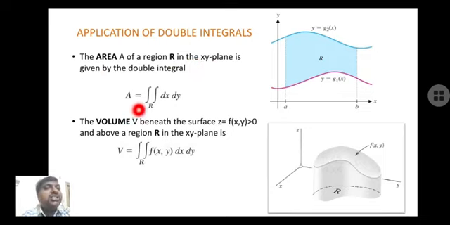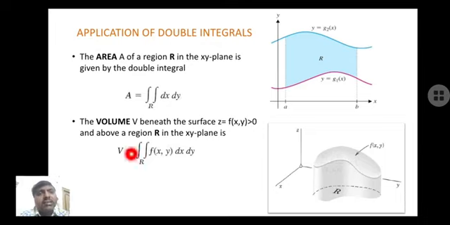Area A is equal to the double integration over R, in the place of integrand f, I can take 1, into dx dy. So this gives the area of this particular region. Here also it depends on the limits. Sometimes these are all constant limits, sometimes maybe they are variable limits.